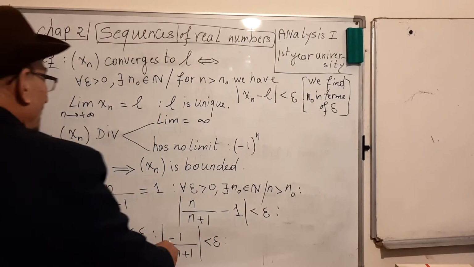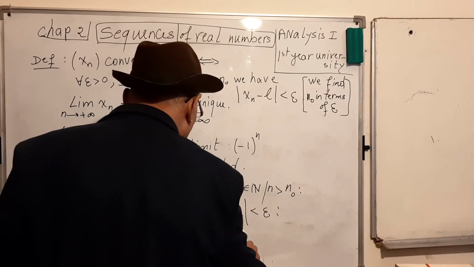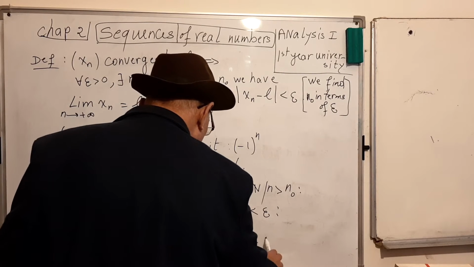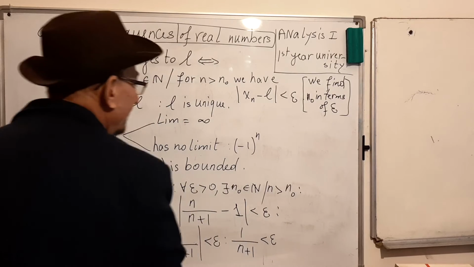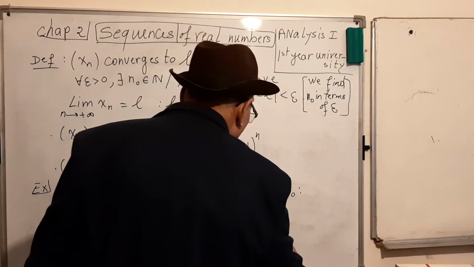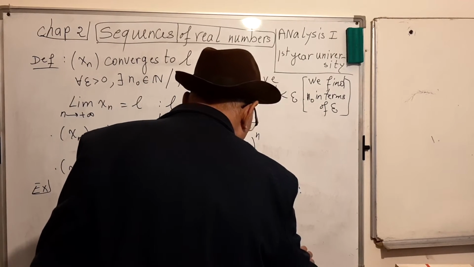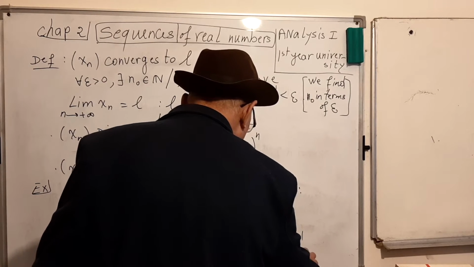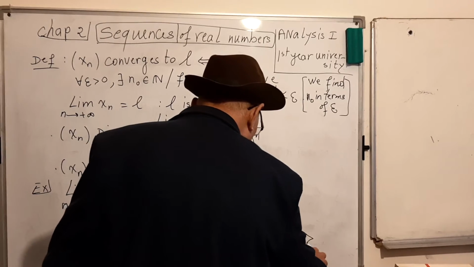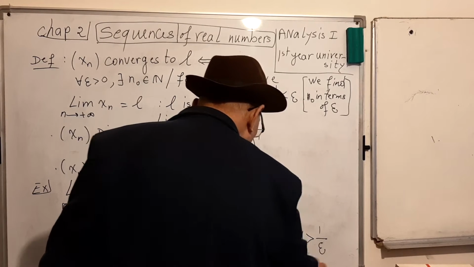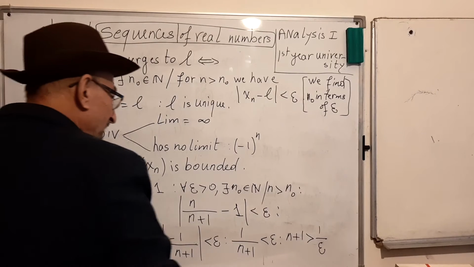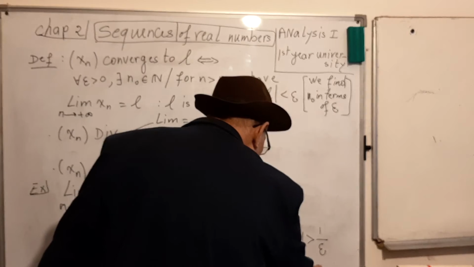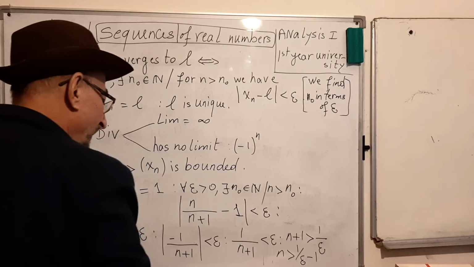Also, absolute value of minus 1 is 1, over n plus 1 less than epsilon. So n plus 1 is greater than 1 over epsilon. Finally, n greater than 1 over epsilon minus 1.